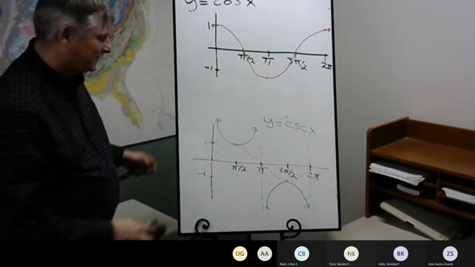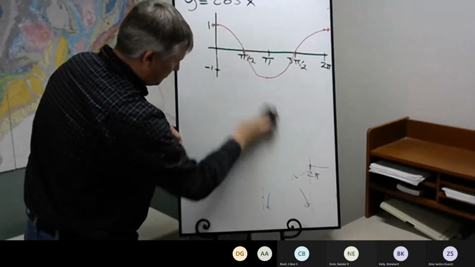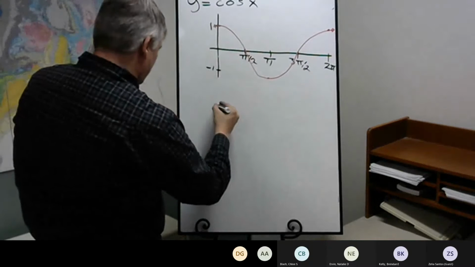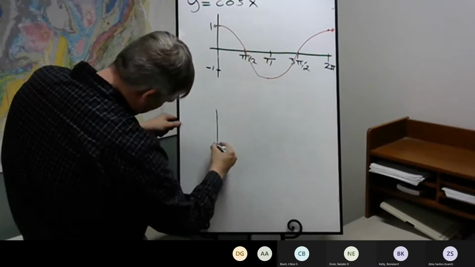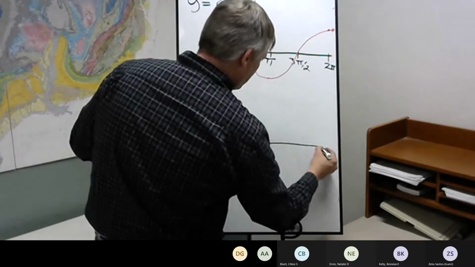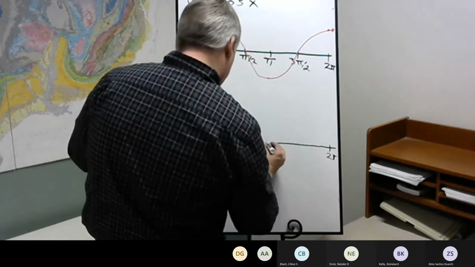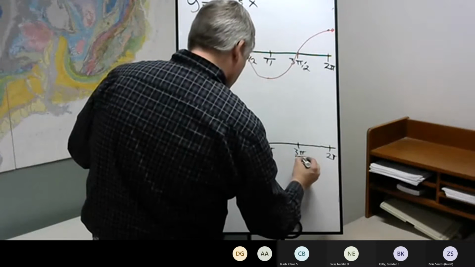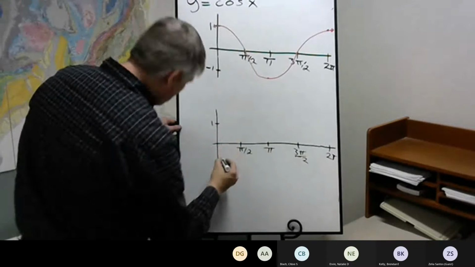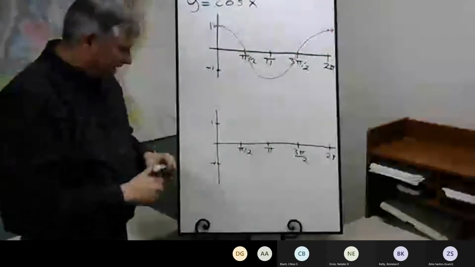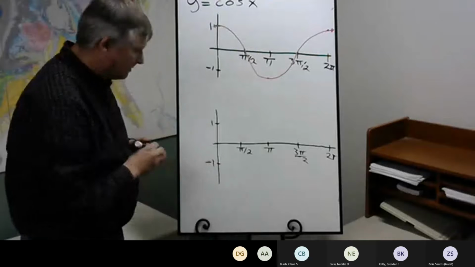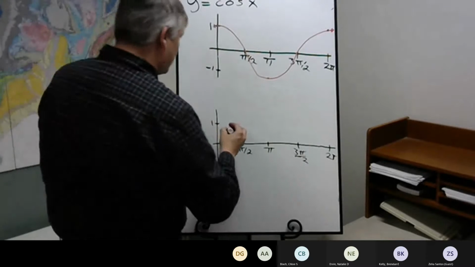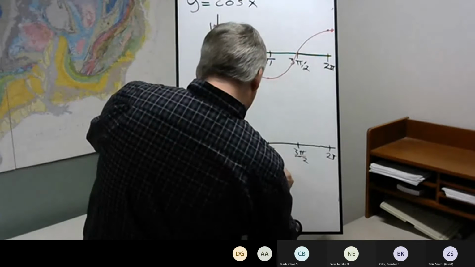Now from this we can come up with secant. And again, what we're going to do, everywhere cosine crosses the x-axis, we're going to put a vertical asymptote. So let me get the cosine on here.